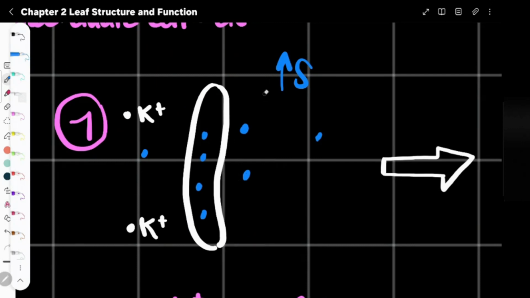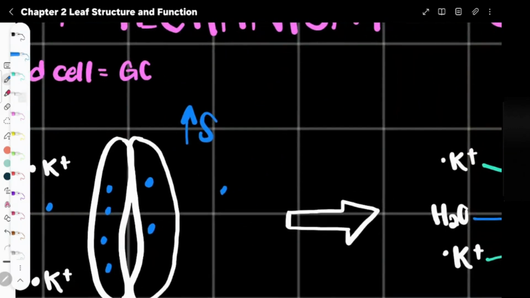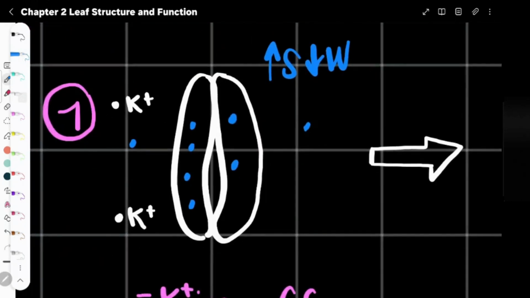And if they have high solutes, that automatically means there will be low water potential. See here, use common sense. If I say there's high water potential, there's low solute. Just use reverse common sense.